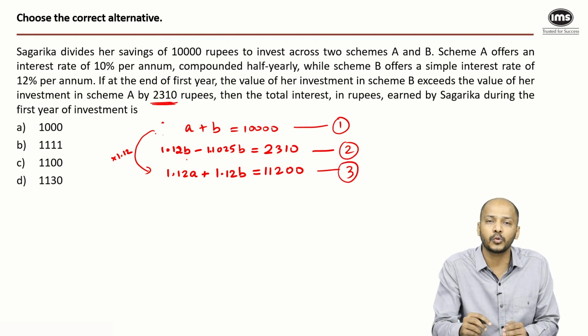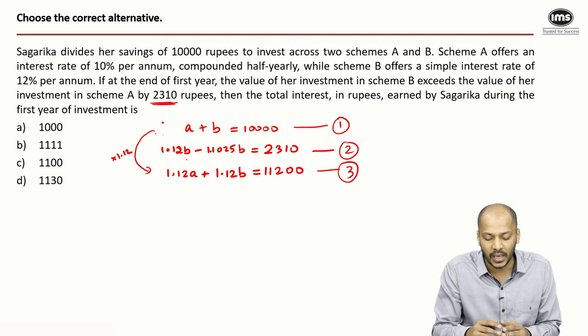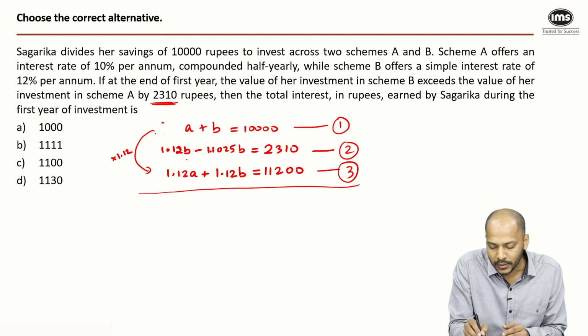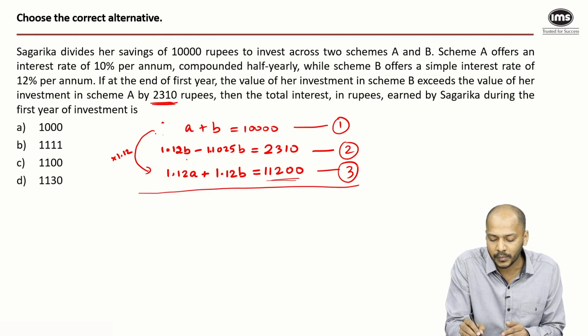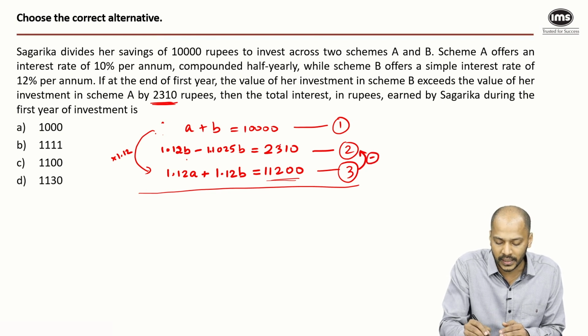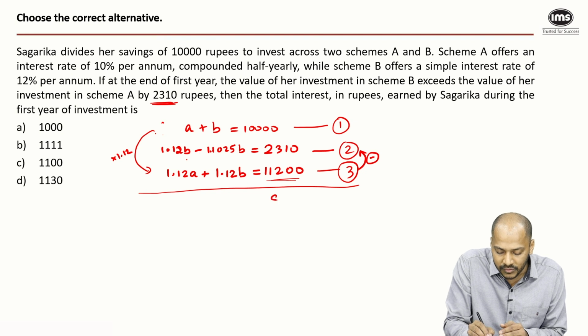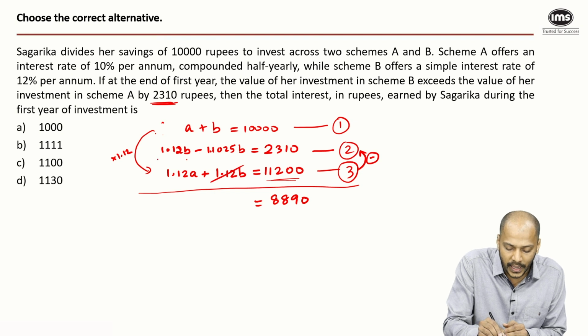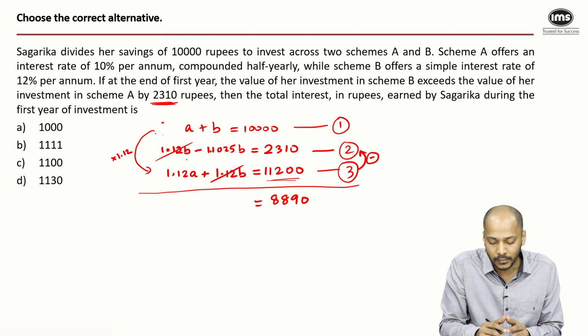Solving the last two equations simultaneously, if I take the difference, b and b will get eliminated. The equation 3 has a bigger number, so I'm doing equation 3 minus equation 2. So 11,200 minus 2310 gives me 8890, and on the LHS 1.12b and 1.12b get cancelled.